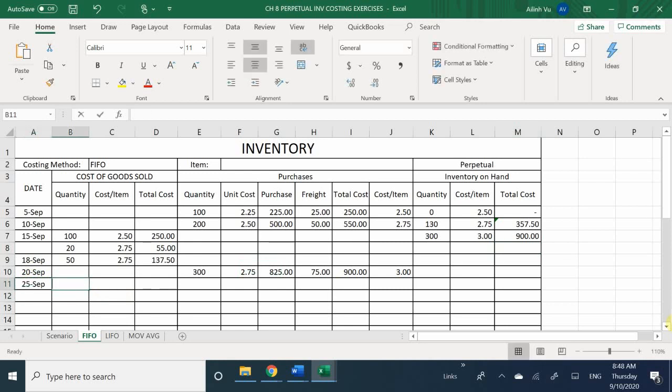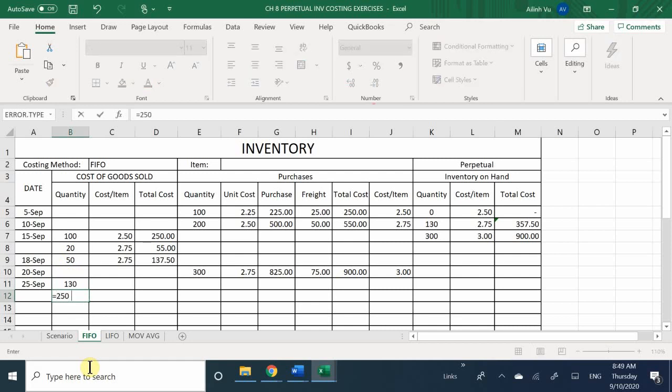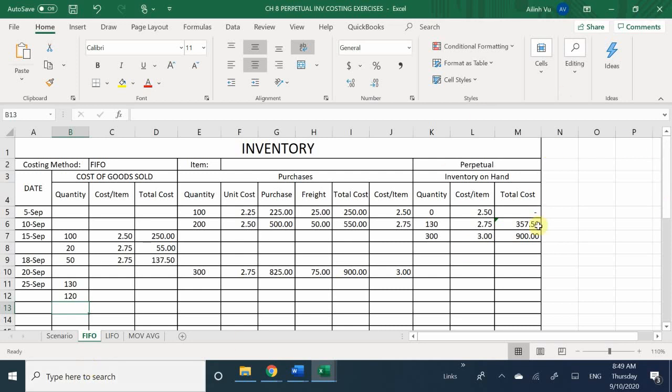We sold 250. Now, good. So we know that this is already there. So we know it's 357.50.